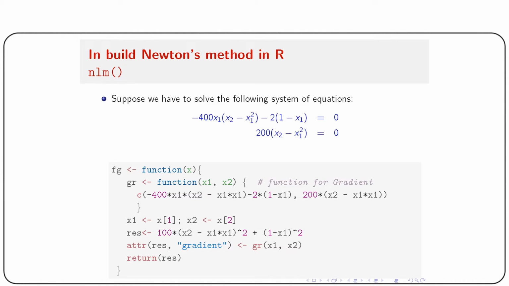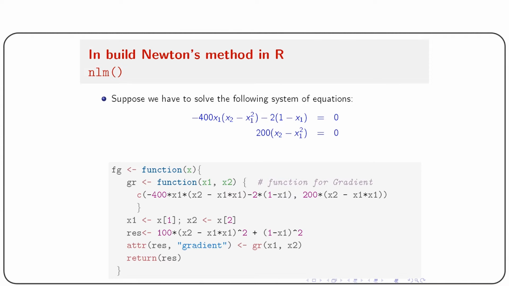Let's start with nlm. Suppose we have to solve the following system of equations: minus 400 x1 times (x2 minus x1 squared) minus 2 times (1 minus x1) equals 0, and 200 times (x2 minus x1 squared) equals 0. So fg equals a function of x.